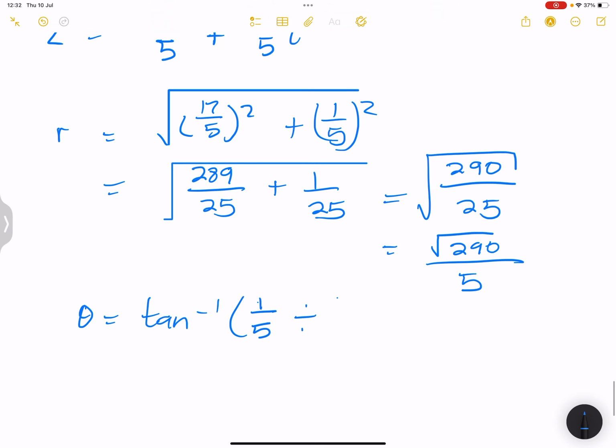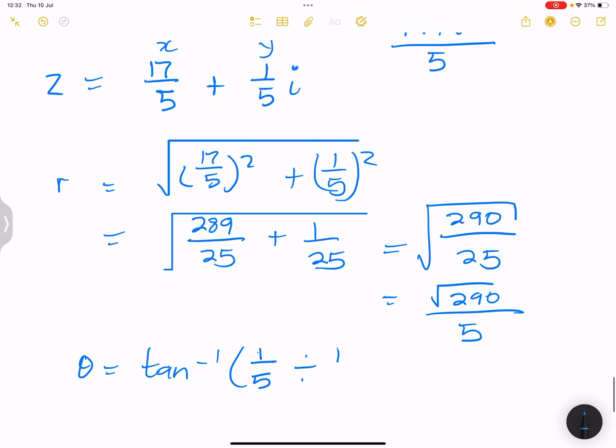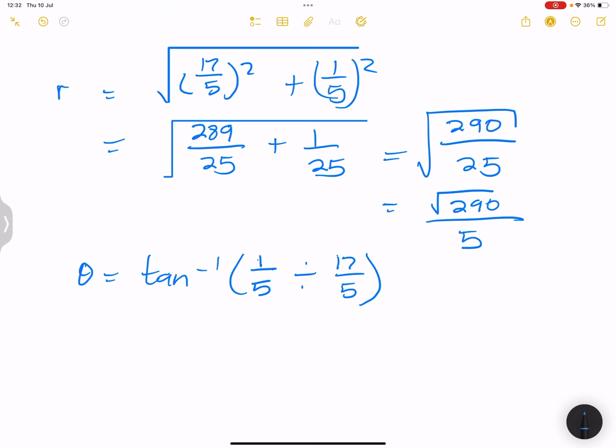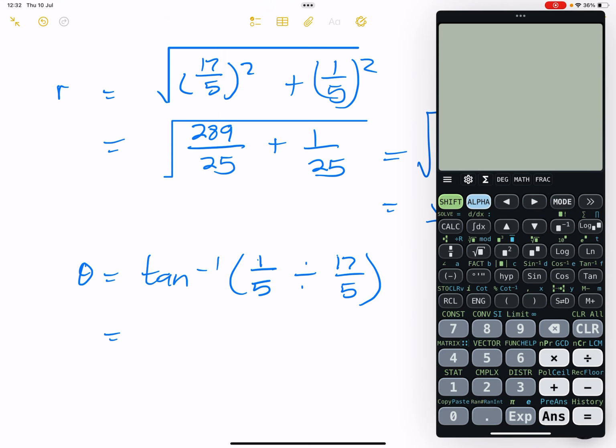So that's y over x, that's 1 over 5 divided by 17 over 5. You can now work that out, just simplify it for yourself. I get a value of 3.37.